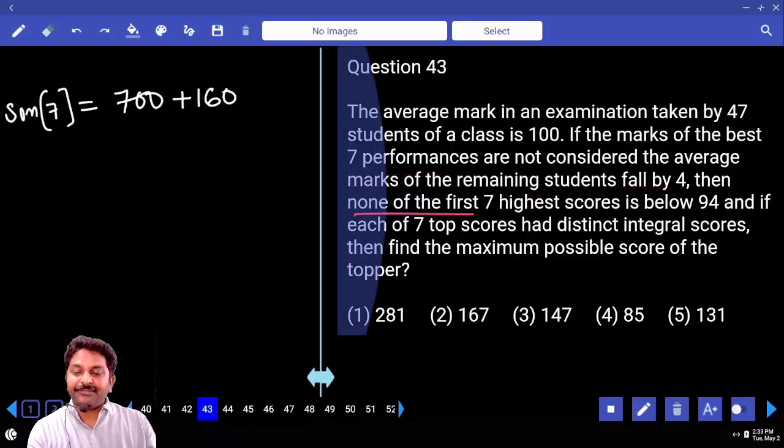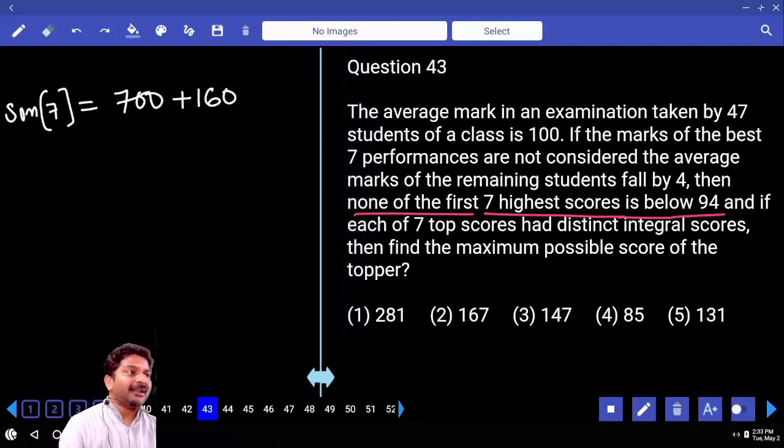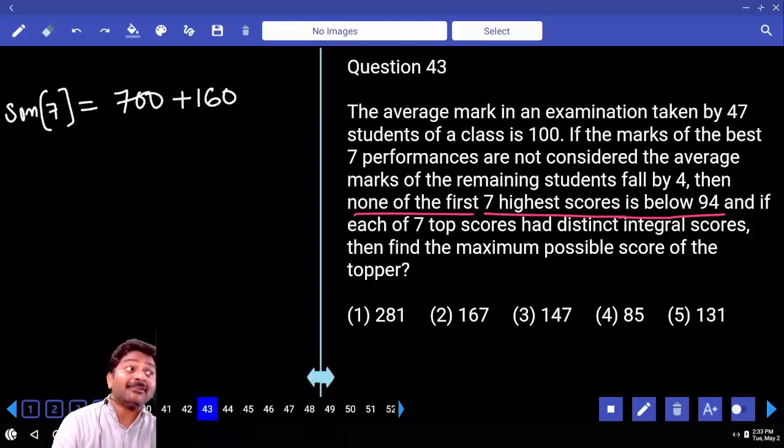Continue. None of the first 7 highest scores is below 94. What do you mean by that? Out of these 7, none of them are below 94. That means, can they be equal to 94?